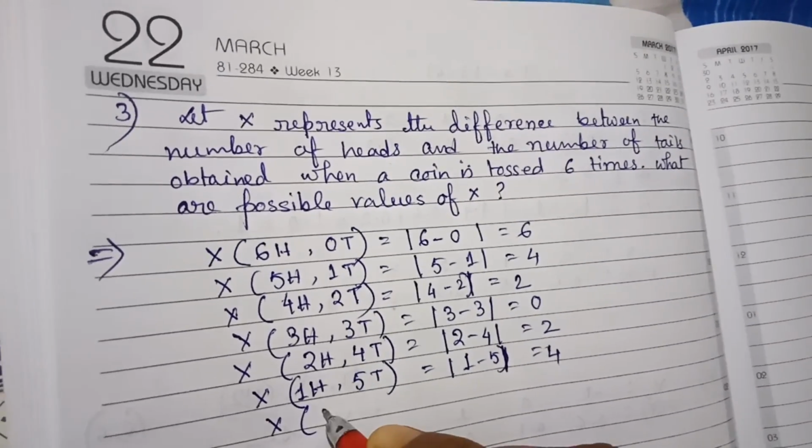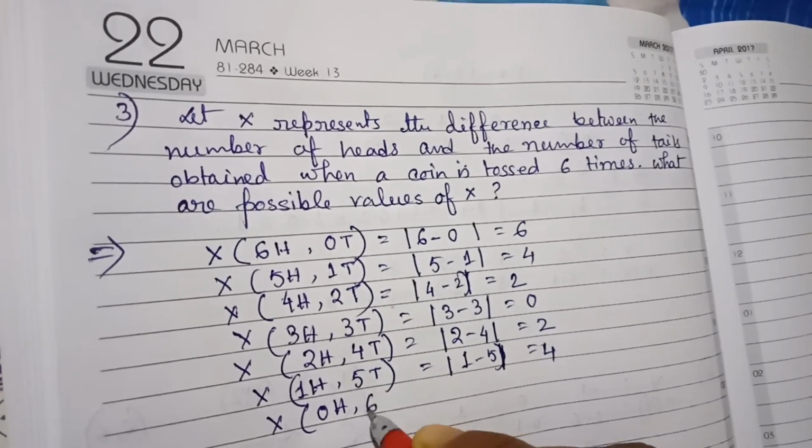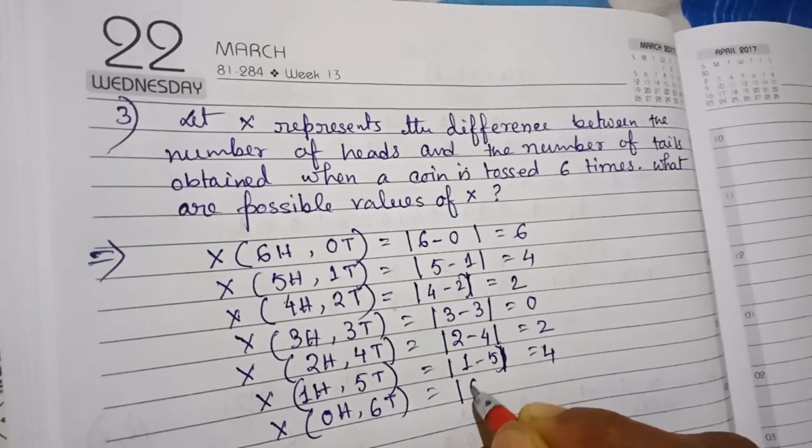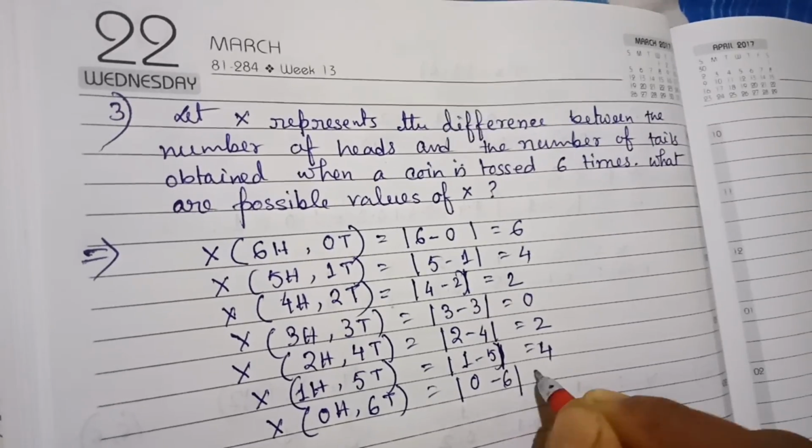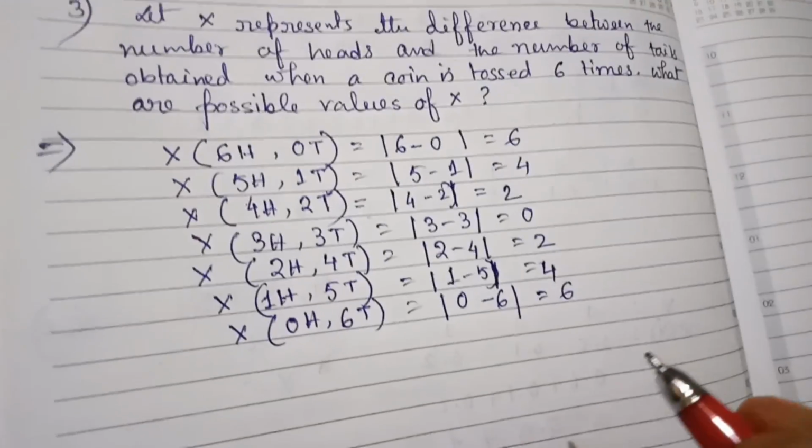Then x with 0 heads and 6 tails: 0 minus 6, so ultimately it's 6.